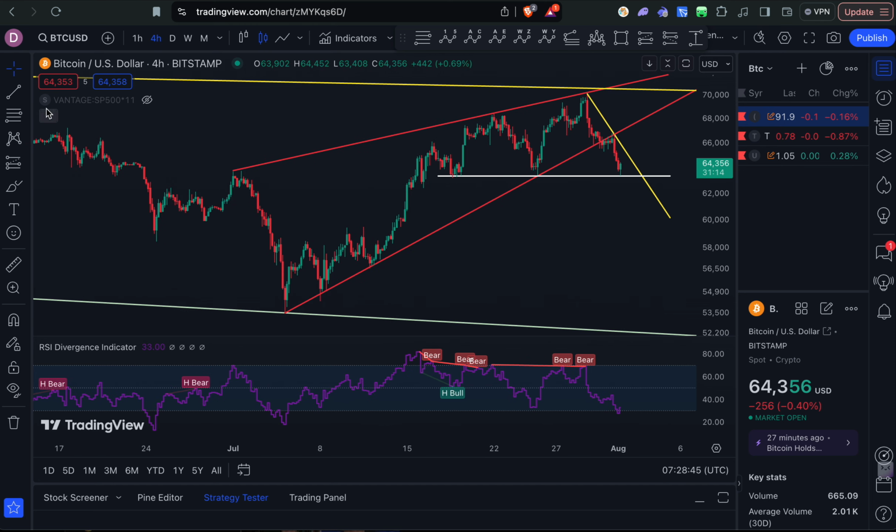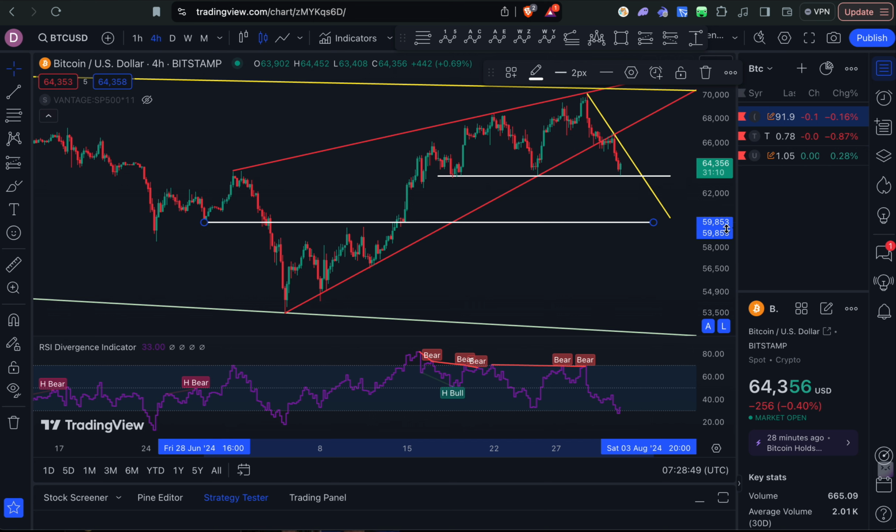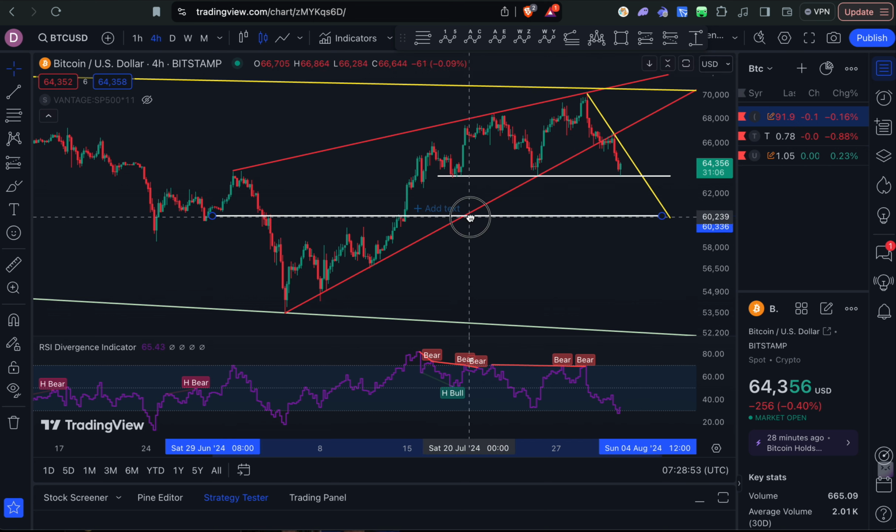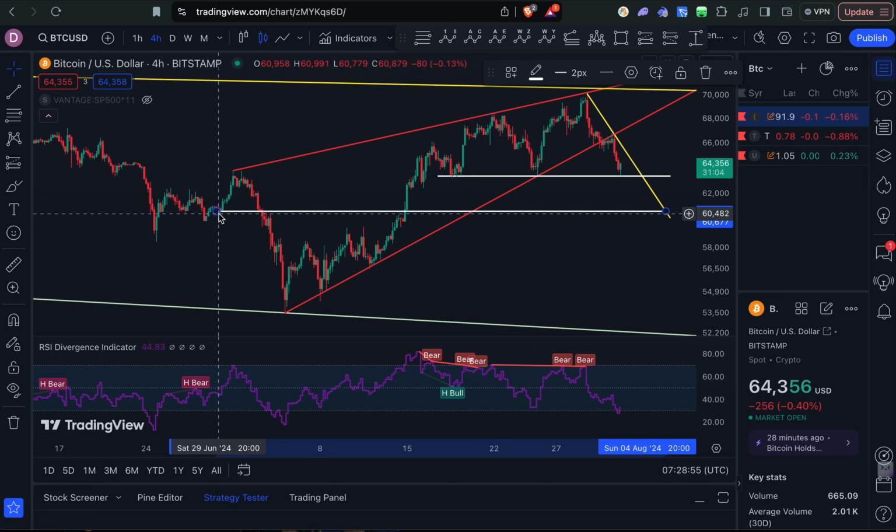And what is the next target? I think it's roughly in this area here. So 59 or 60,000 Bitcoin, or let's say the safe bet would be 60,500 to 59,500. That would be the next area where Bitcoin will be going to. That's my idea if this line is respected.